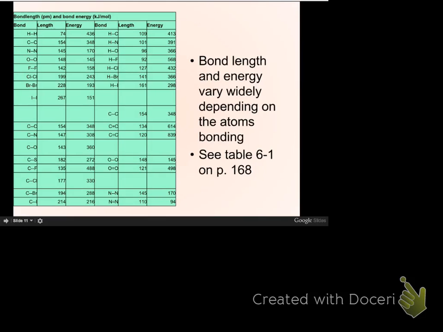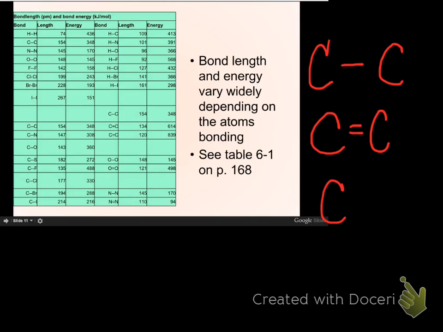So, if we have 2 things that are bonded like this versus 2 things that are bonded like this, these are covalent, remember. This is carbon-carbon, so this is purely covalent, identical electronegativities. Carbon is famous for bonding to carbon, and it's also well known for double and triple bonding.